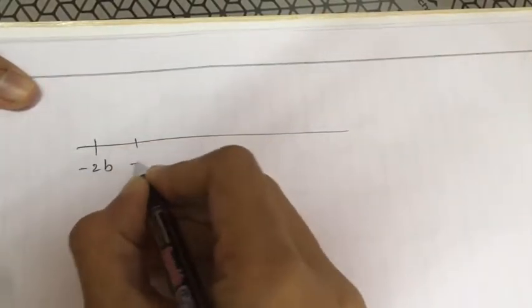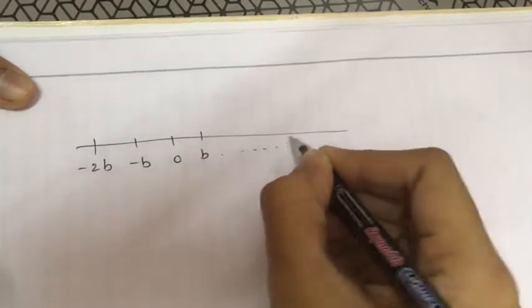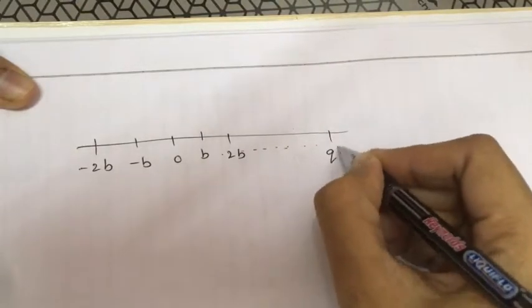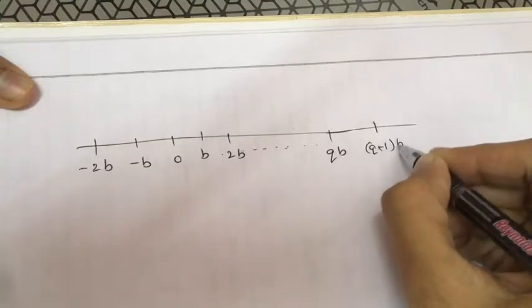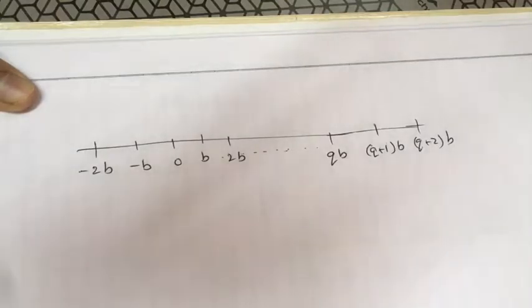Now let us look at the theoretical point of this. Think of the number line. If I take minus 2b, minus b, 0, b, 2b, like this, somewhere here I have qb and (q plus 1)b, (q plus 2)b, like that.